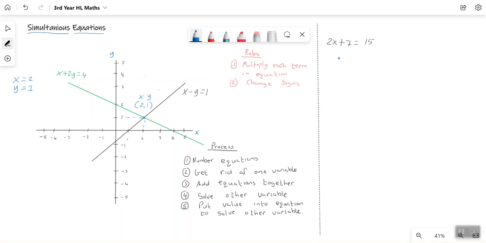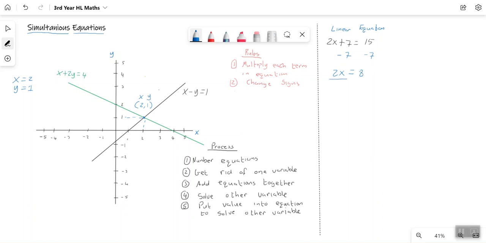Now, if we remember, this here is a linear equation. And it's pretty easy to solve. If we want to work out what x is, we can minus 7 from both sides. So minus 7 here and minus 7 here, and you'll get 2x is equal to 15 minus 7, which is equal to 8.